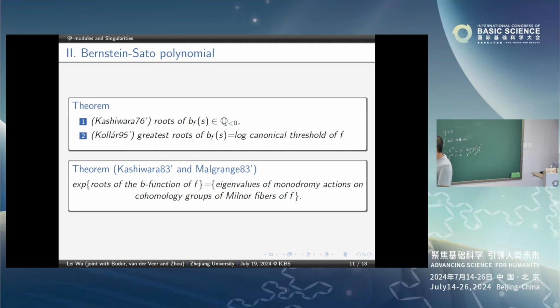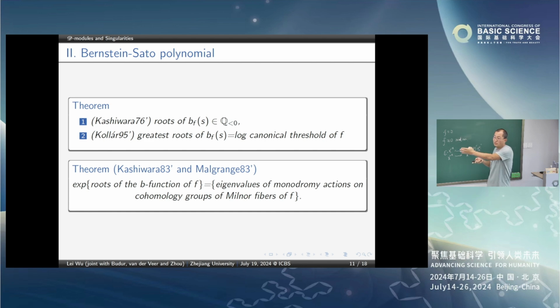You mean this theorem? Maybe not. You have to use this Archimedean integral, some kind of Archimedean B function or non-Archimedean B function, to test when the integral blows up.